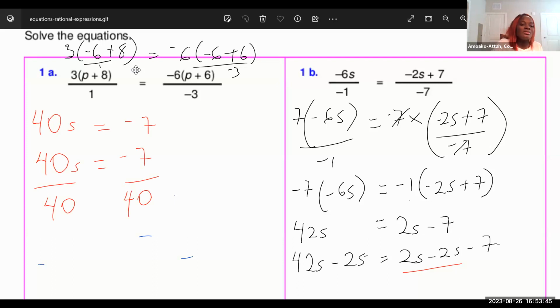Okay, so this 40 divided by 40 is 1, and we have s equals, now what is 7 divided by 40? Help me out. So in decimal we have 0.175. So you have s to be negative 0.175.